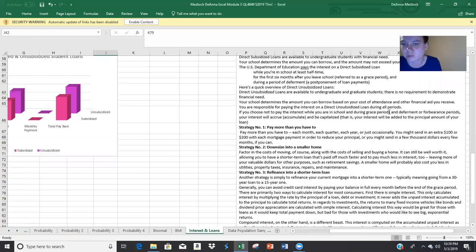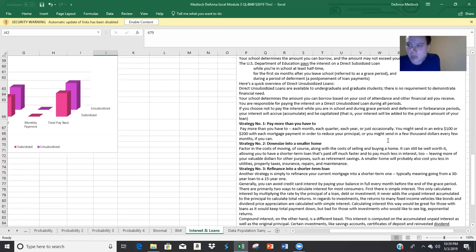You are responsible for paying the interest on a direct unsubsidized loan while you pay it back. If you choose not to pay the interest while you are in school and during the grace period and deferment or forbearance periods, your interest will accrue, which means it will accumulate and be capitalized, and that is your interest will be added to the principal amount of your loan.